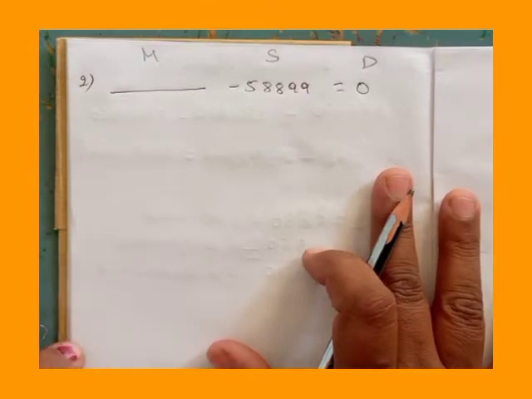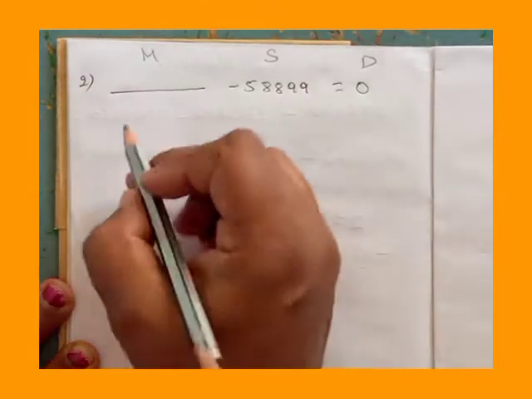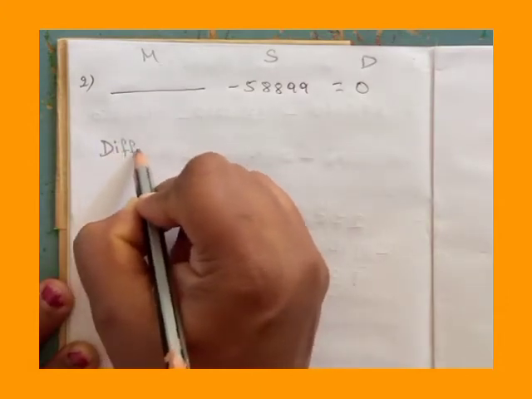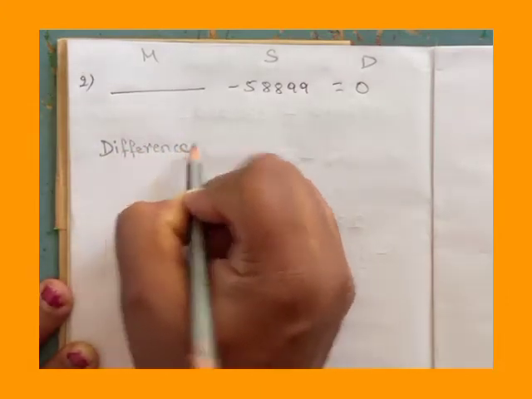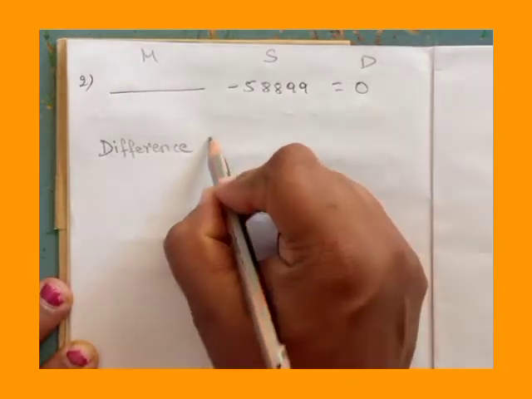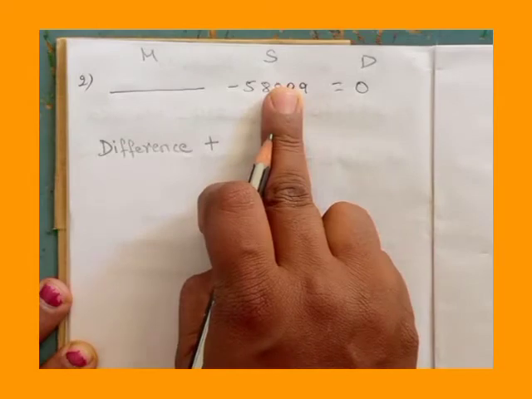Okay, so for this the formula will be difference plus subtrahend, dear children.